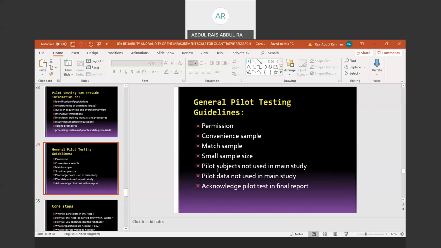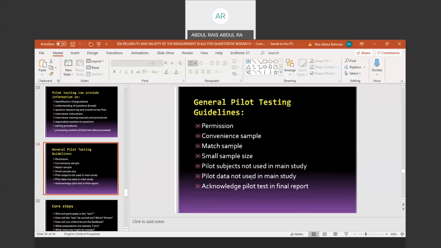Okay, but your pilot subjects should not be included in the main study. Okay, and your pilot data should not be used or included into your main study. Pilot study saja. Kalau 10 orang you guna analysis and you dapat Cronbach alpha tu 7 tu hanya untuk 10 orang tu.